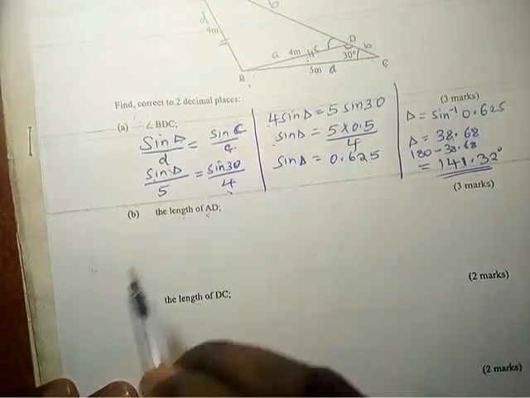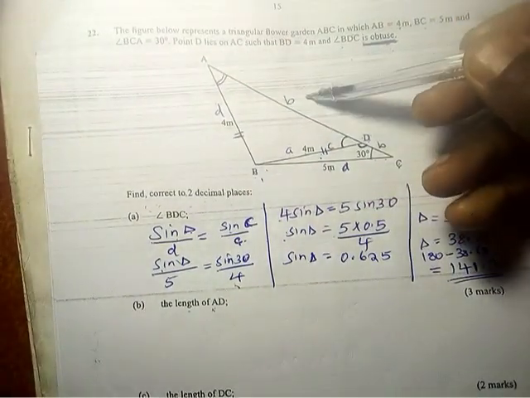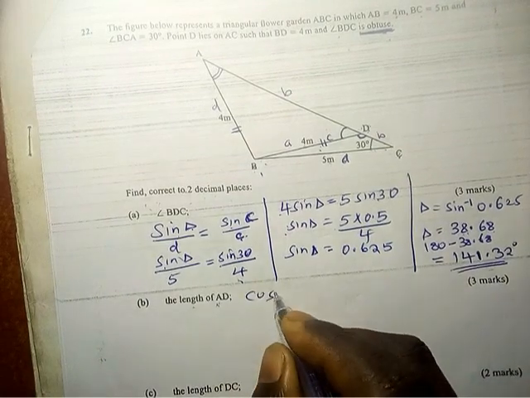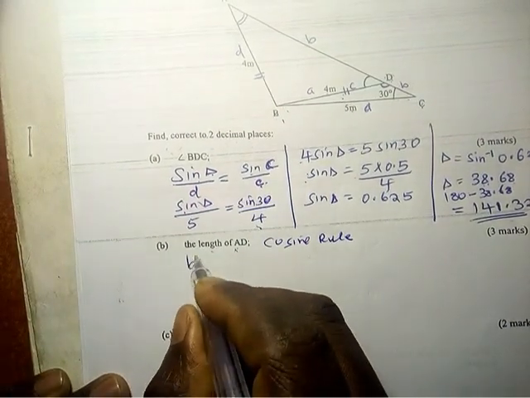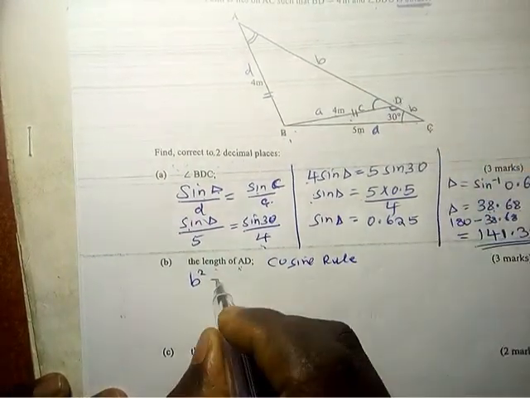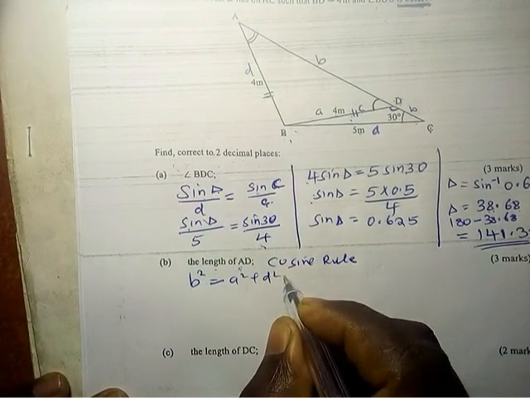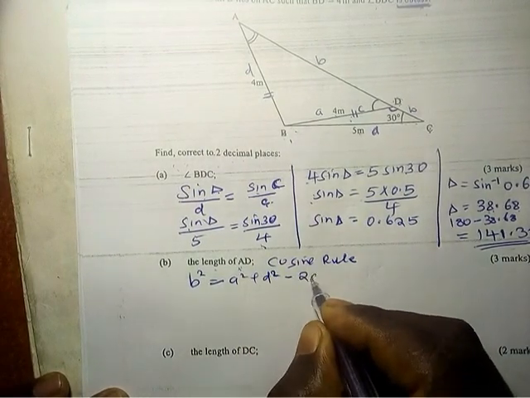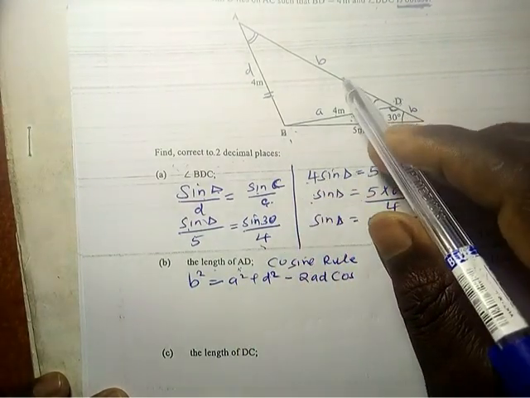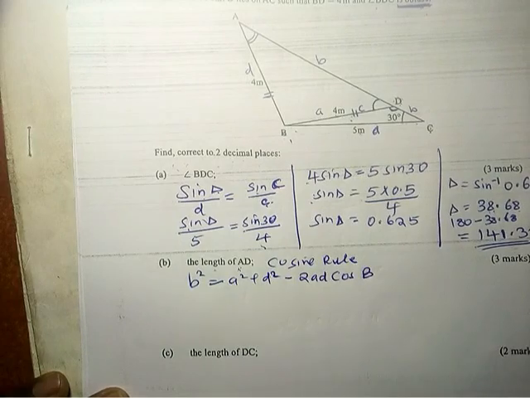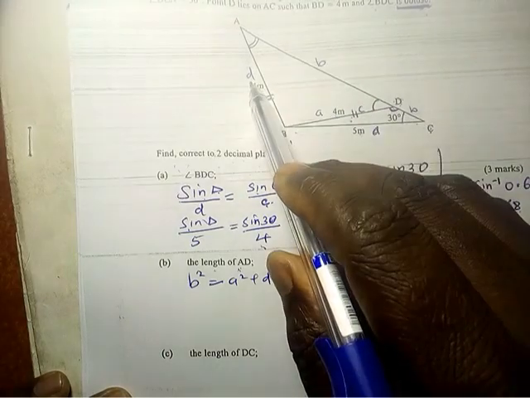Find the length AD. Length AD. So our AD is B. So now we are going to use the cosine rule. So B square, because that is AD, will be equal to A square plus D square minus 2AD cos B. But do we have this one?